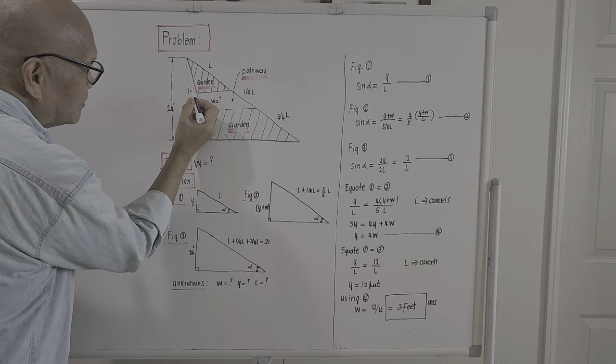The vertical height is Y, the hypotenuse is L, and in here, I will designate the angle to be alpha, and also here to be alpha, and in here also alpha.